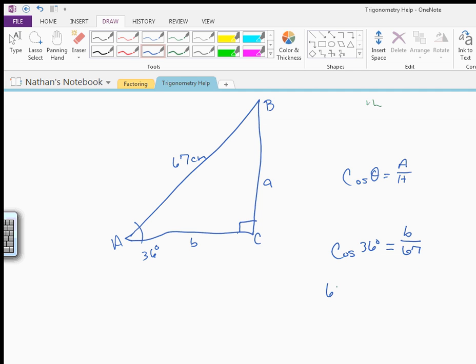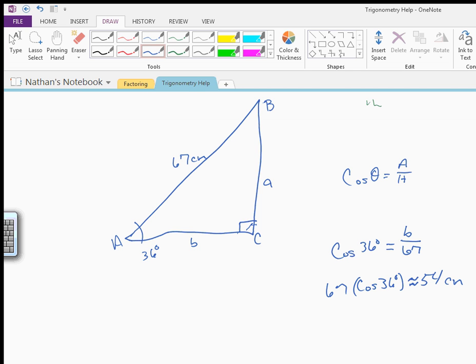So we can multiply 67 by cosine 36 degrees to give us b, which ends up being 67 times cosine 36, 54.20, so about 54 centimeters.